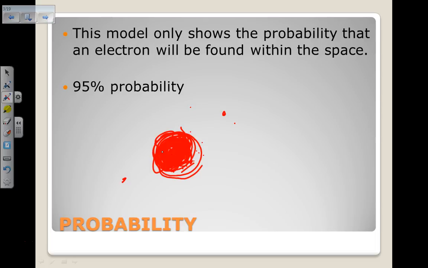Okay, and so that's what this model shows. It shows that the electron is always moving. It's showing how it's moving, and it's giving us the idea that an electron can move anywhere, but is likely to kind of have a certain path within the atom.